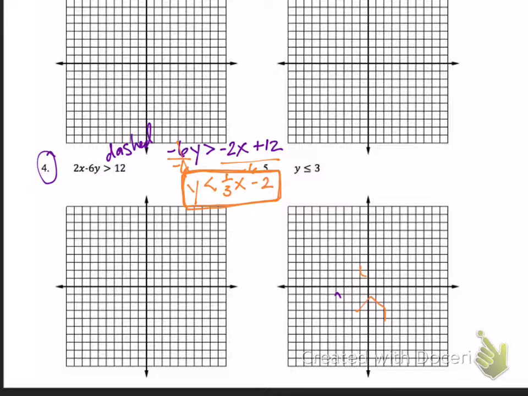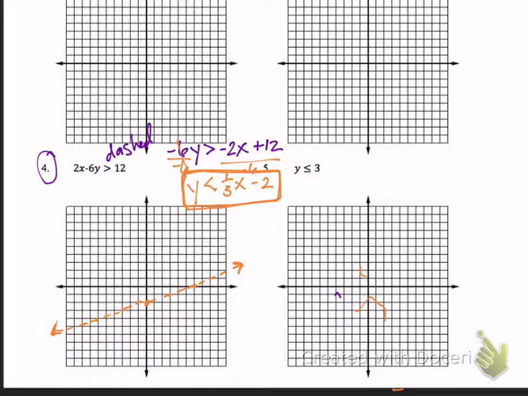So I'm going to put a point at -2, then up 1 over 3, and go the opposite way, and it's a dashed line. So it is less than, and so that means that you shade below.